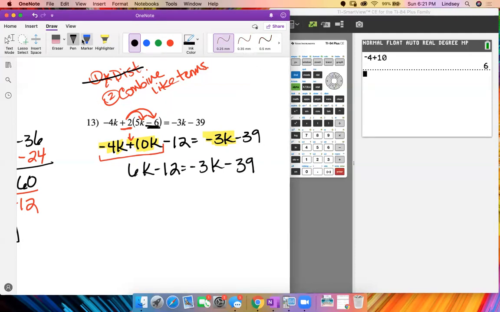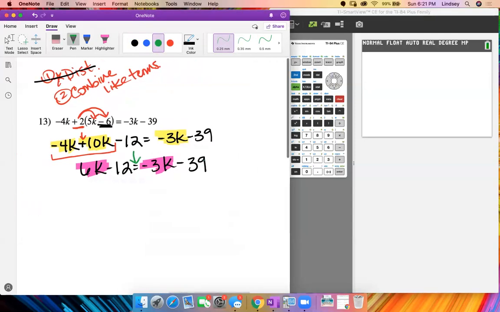Okay, I still have like terms, but this time they're on different sides of my equal sign. So in order to move something to the other side of my equal sign, I have got to remember inverse operations. Okay, that's the only way you can move something from one side of your equal sign to the other side.